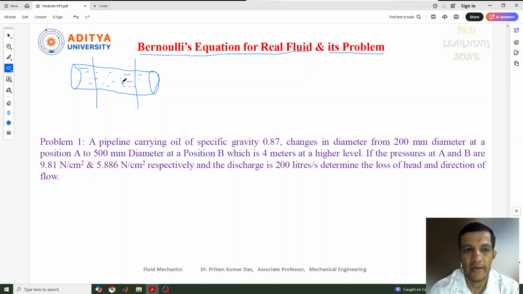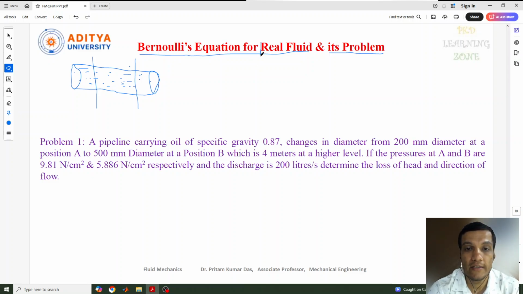Now, if we consider a real fluid, what will be Bernoulli's equation for that? Previously we derived Bernoulli's equation for an ideal fluid, that is inviscid or non-viscous, so there is no friction, it is frictionless.